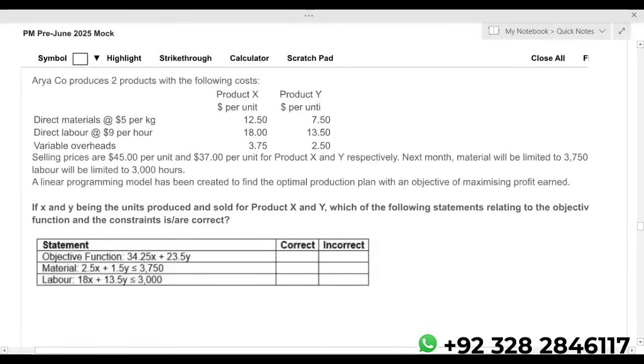Okay, a linear programming model has been created to find the optimal production plan. We need to find out the correct and incorrect objective function. Arya company produces two products with the following costs. Product X: direct material per unit is 12.5, labor is 18 per unit, variable overhead is 3.75. Selling price they have given us is 45.